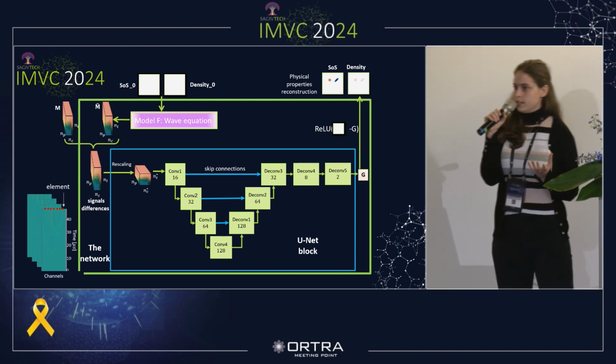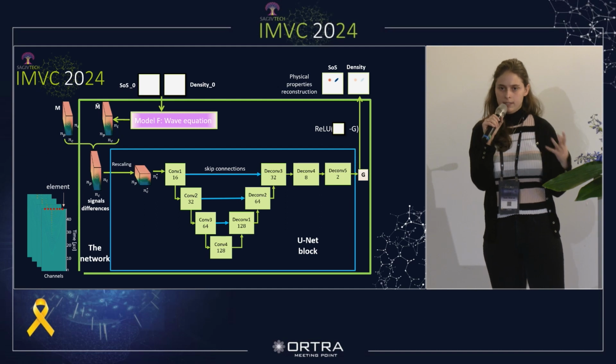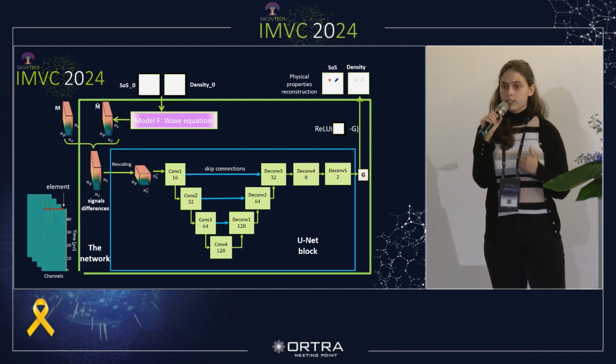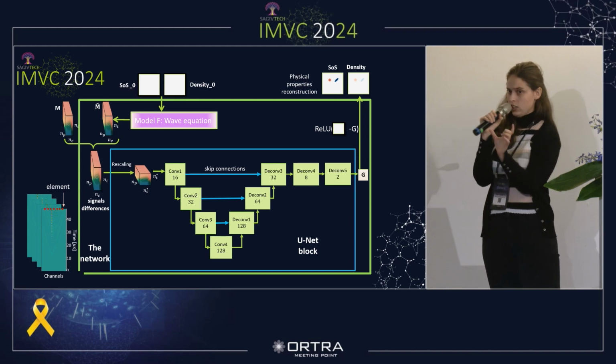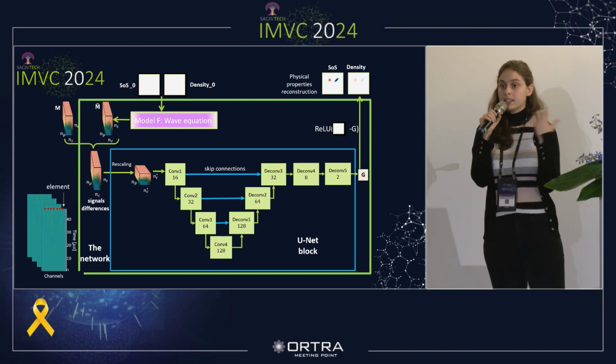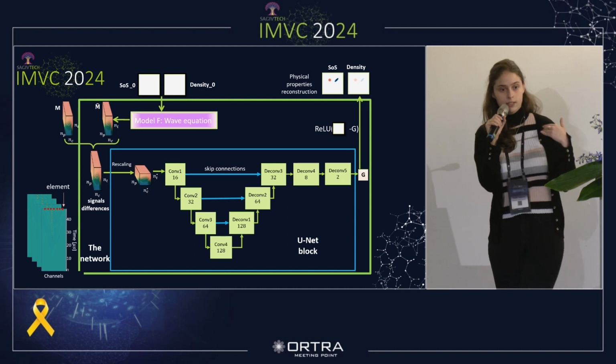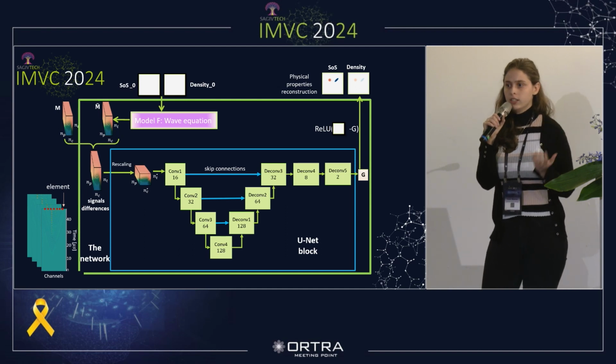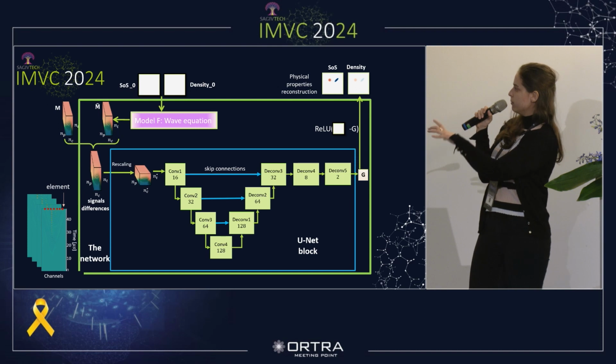One of the novelties in our method is having a spatial representation of the time scattering signals. It means that we refer to the receiving channels and the time samples as spatial dimensions in the convolution layers. You can see an example here for the linear probe.